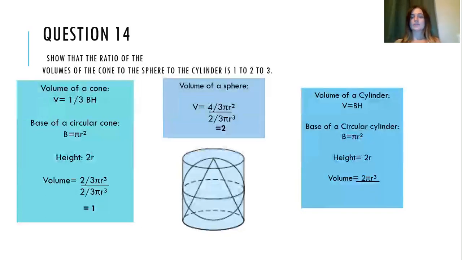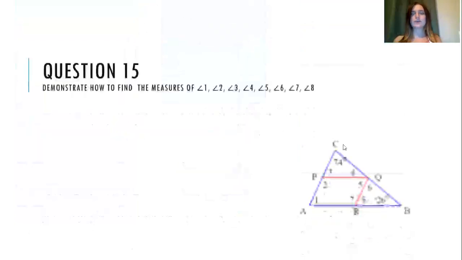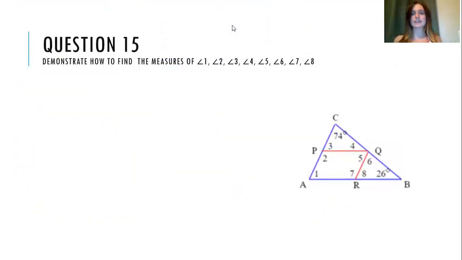And then we would do the volume of a cylinder divided by the volume of the cone, which is 2 pi radius cubed over 2 over 3 pi radius cubed, which is equal to 3. So this is how you prove that the ratios are 1 to 2 to 3. Now let's go to question 15.